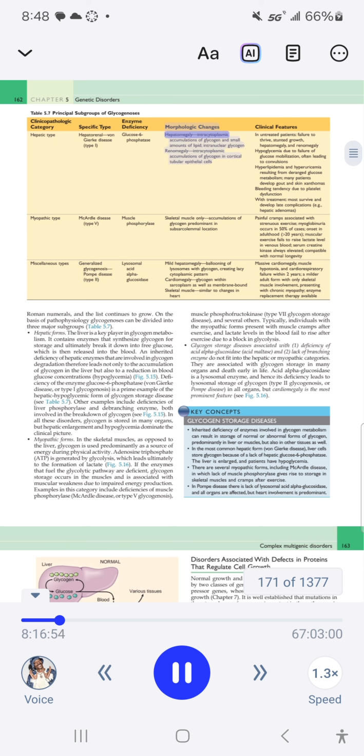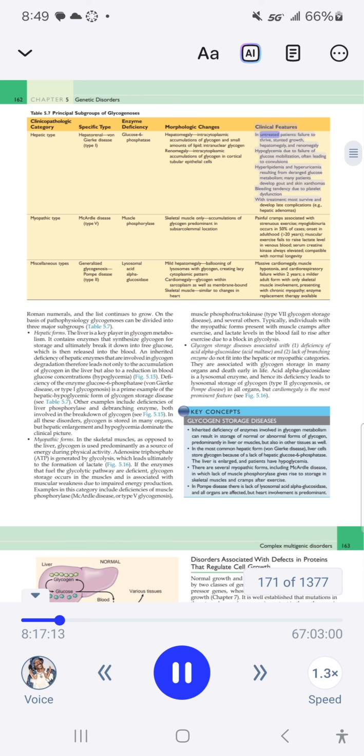Morphologic changes: hepatomegaly, intracytoplasmic accumulations of glycogen and small amounts of lipid, intranuclear glycogen, renomegaly, intracytoplasmic accumulations of glycogen in cortical tubular epithelial cells. Skeletal muscle only, accumulations of glycogen predominant in subsarcolemmal location. Mild hepatomegaly, ballooning of lysosomes with glycogen, creating a lacy cytoplasmic pattern; cardiomegaly, glycogen within sarcoplasm as well as membrane-bound; skeletal muscle similar to changes in heart.